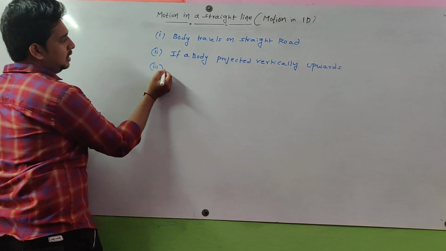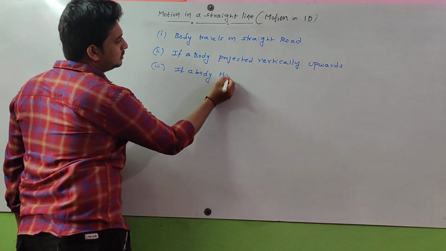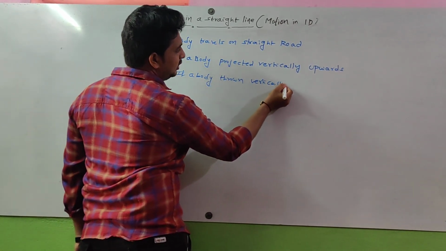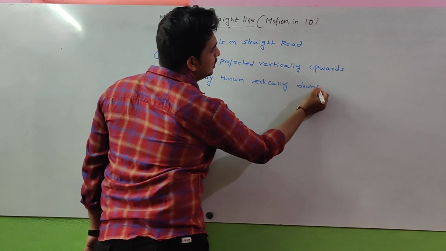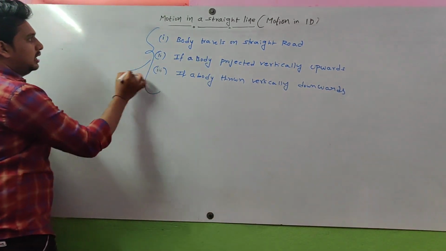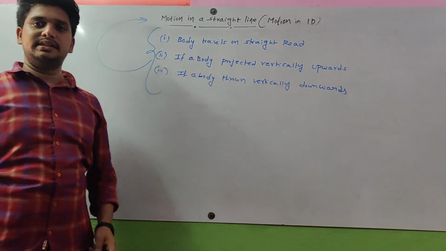Next, if a body is thrown vertically downwards. These three come under motion in one dimension only, motion in a straight line only.